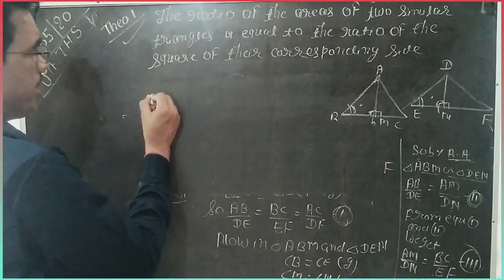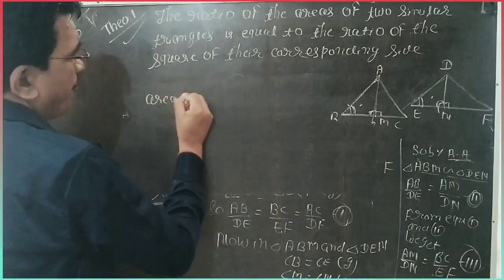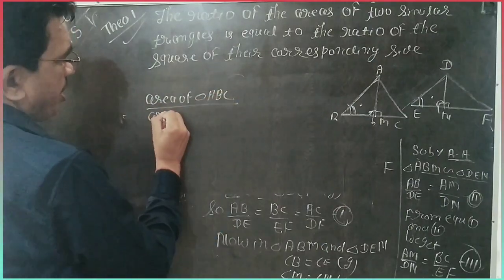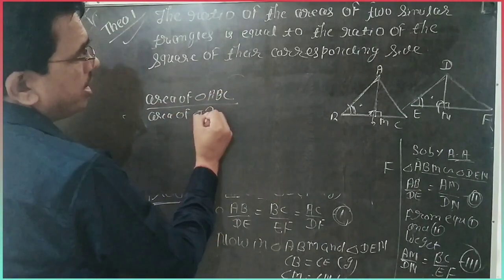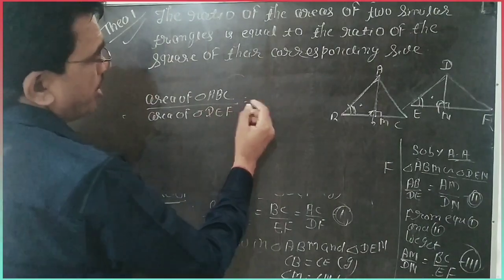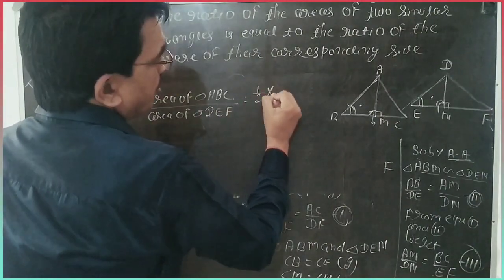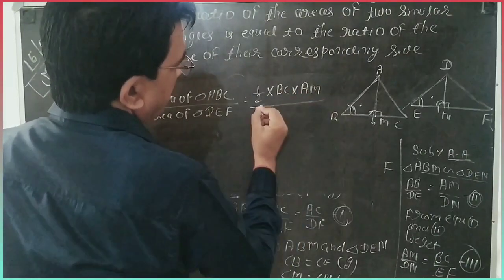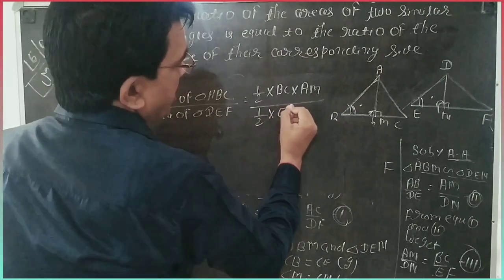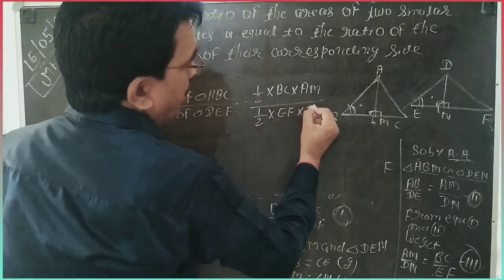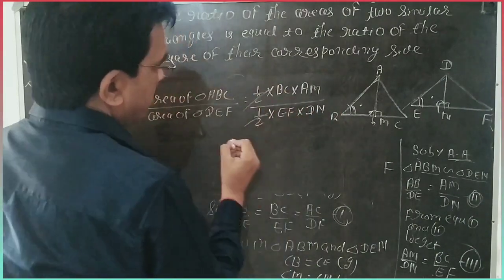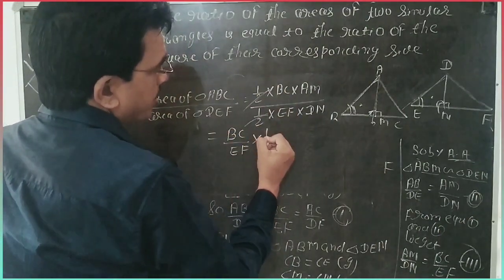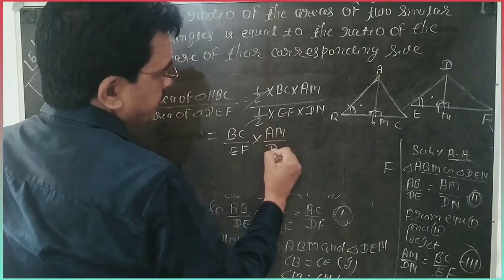Now write the area of triangle ABC by area of triangle DEF, which is half into base into height over half into base into height. Then the halves cancel. It is equal to BC by EF into AM by DN.